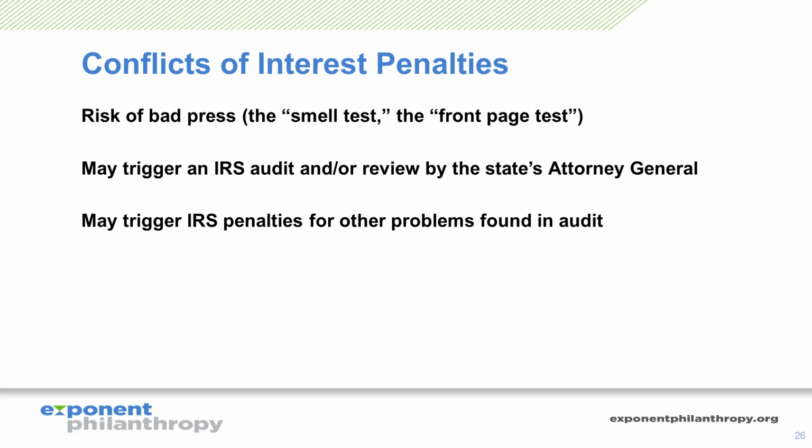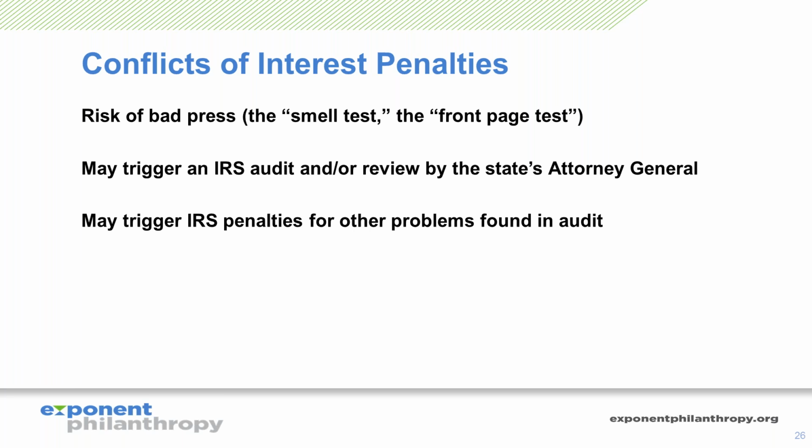A conflict of interest might trigger an IRS audit, or it might trigger a review by the state's attorney general. The state's attorney general has jurisdiction and enforcement authority over charitable organizations in the state, including private foundations. Because the IRS deals with the self-dealing rule, the tax version of the conflict of interest, the state attorney general doesn't really have jurisdiction to enforce the self-dealing rules.